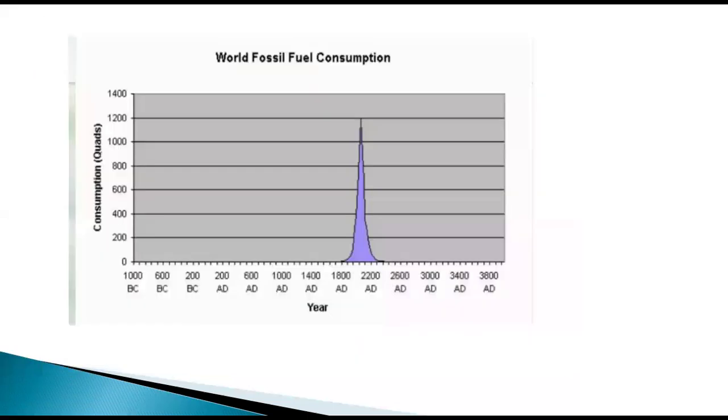Next, coming to how fossil fuel consumption changes. From 1800 to 2500 or 2600, in these years, there is a drastic increase in the curve. So more fossil fuel was consumed in these years only.